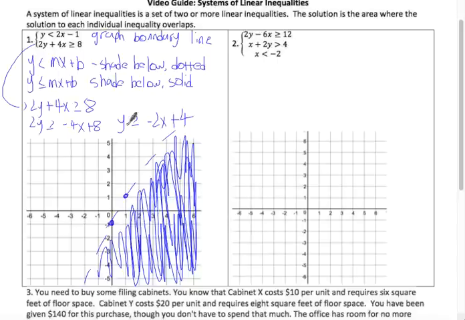So we have greater than or equal to, that's going to make it a solid line. Our y-intercept is 4 and our slope is -2. We use a solid line to indicate that the points on the line are still a solution. And then we shade above, so over here.